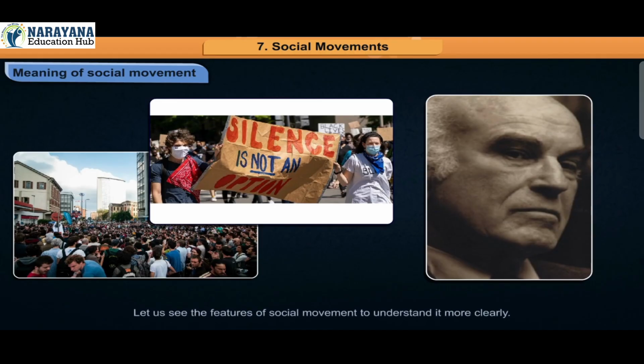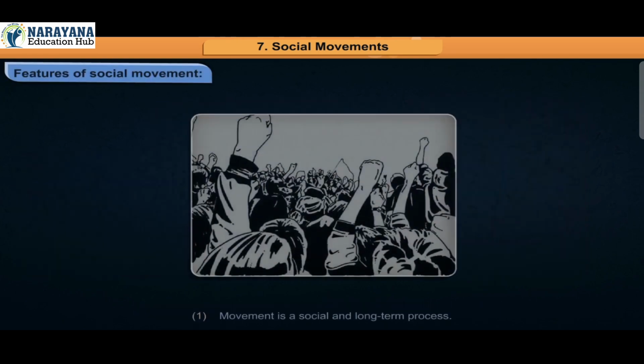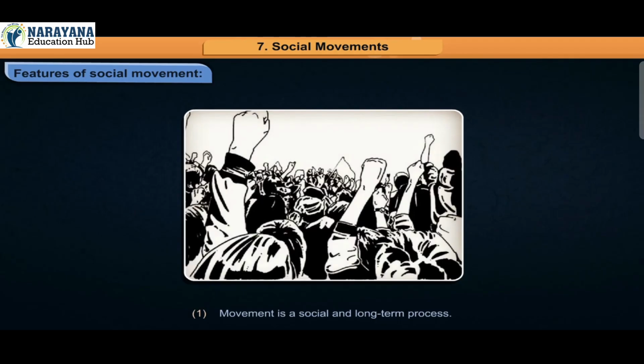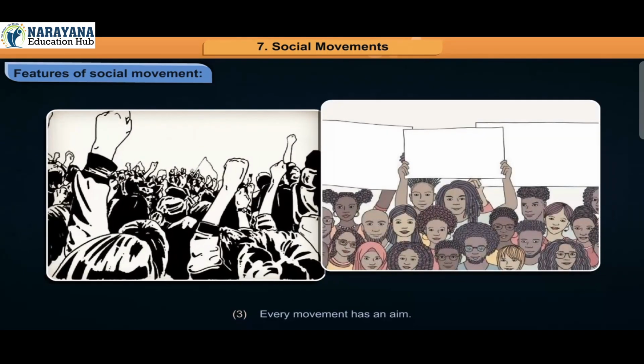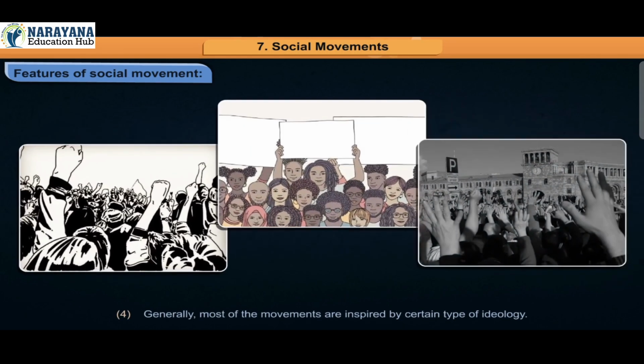Let us see the features of social movement to understand it more clearly. Features of social movement. Number 1. Movement is a social and long-term process. Number 2. It is collective. Number 3. Every movement has an aim. Number 4. Generally, most of the movements are inspired by a certain type of ideology. Number 5.